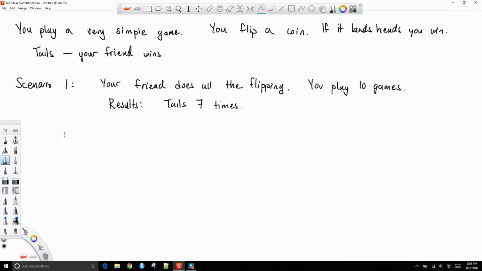We're going to start off with the initial belief, which we call the null hypothesis. The null hypothesis in this case is that our friend flipping the coin is not cheating, is doing this fairly.